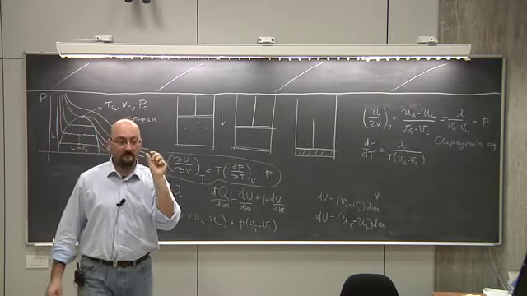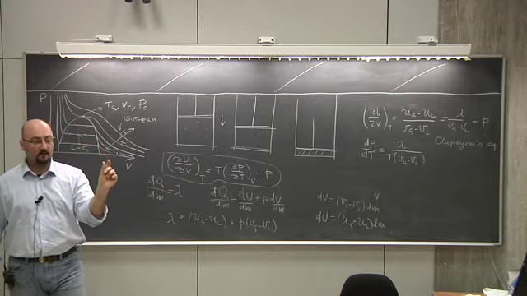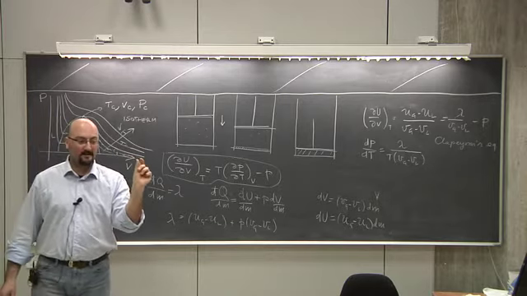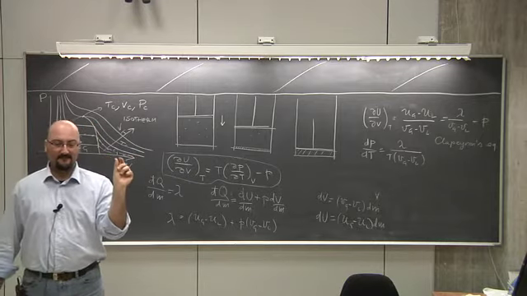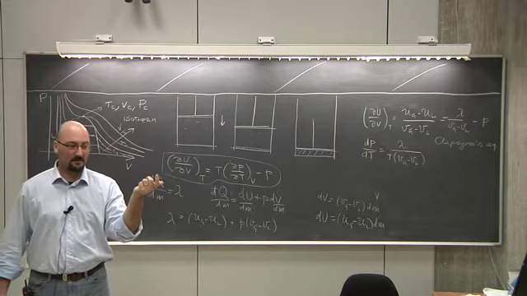So if I have 1 gram of water in liquid form, it occupies how much? 1 cubic centimeter, right?